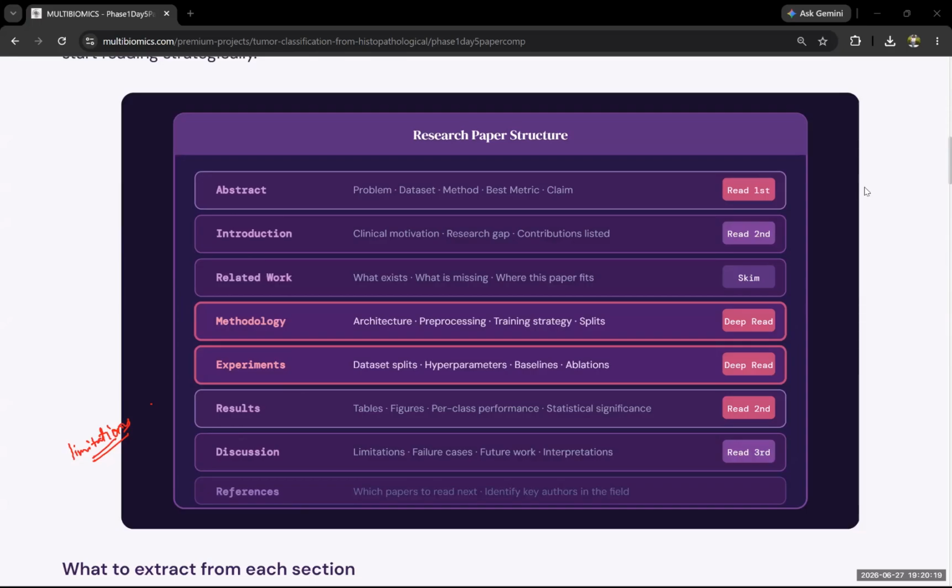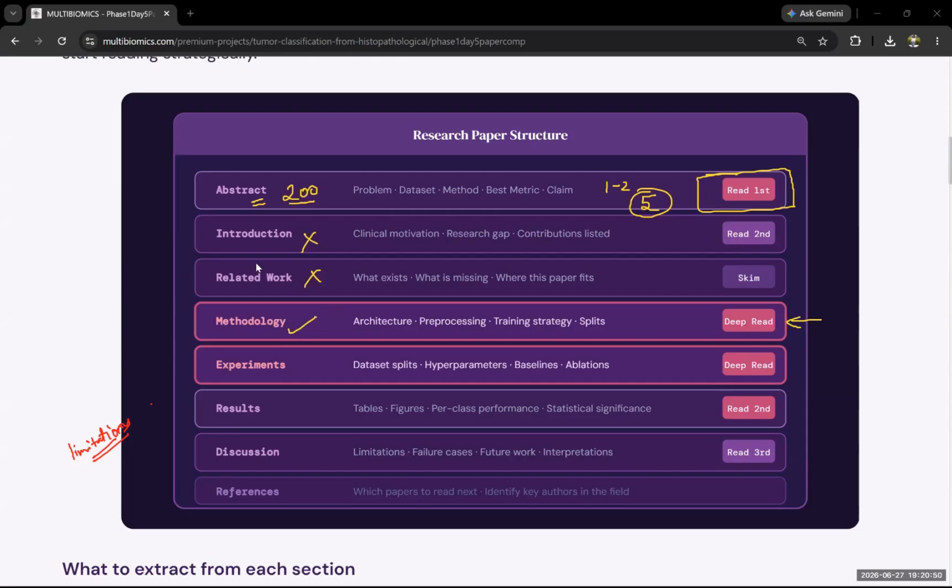When you're reading the first time, you read the abstract, because it is nearly 200 words. You'll take only 1 to 2 minutes, or if you want more comprehension, you can take 5 minutes also. You can leave the introduction and the related work the first time. Then go for the methodology section.